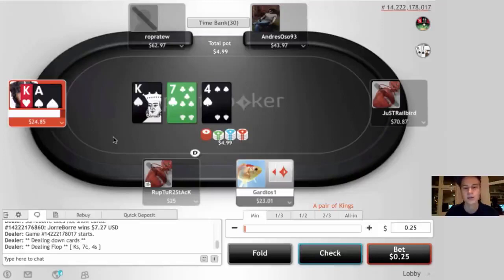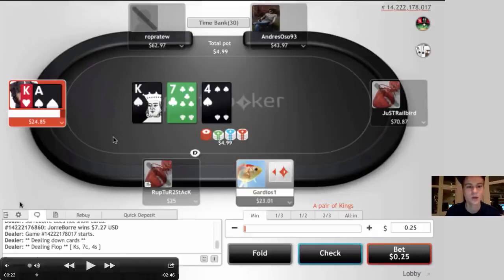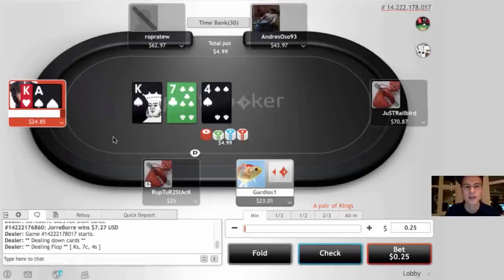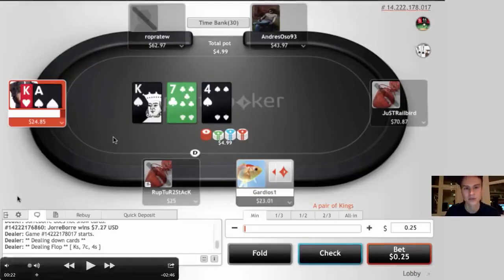I don't have any reads on this opponent, but on this level it's certainly possible that he's weak and calling with a range much wider than that. Like I've already said, his perception of our range should be that it's fairly wide since we have been raising a lot. Our plan with this hand on this board is clearly to go for 3 streets of value.